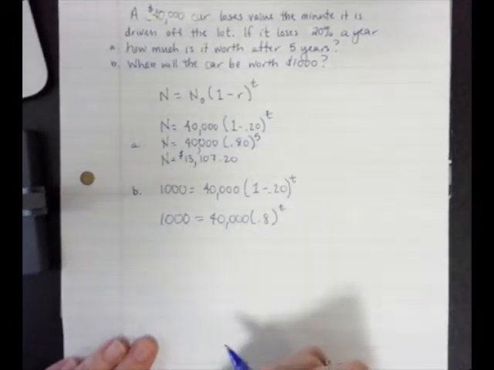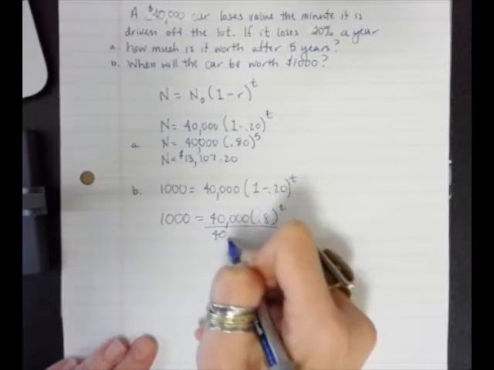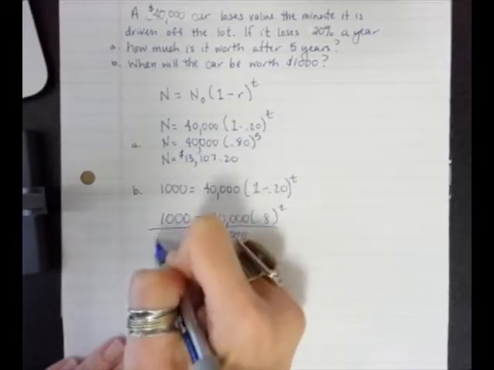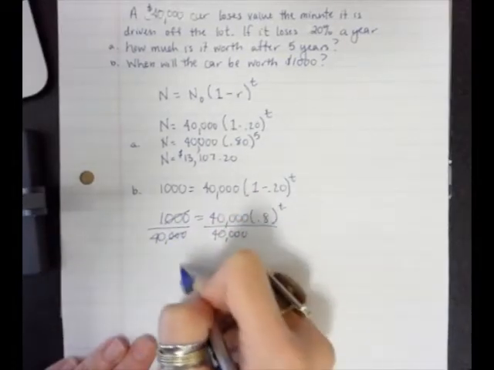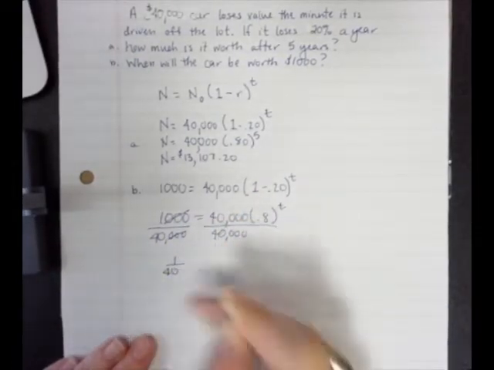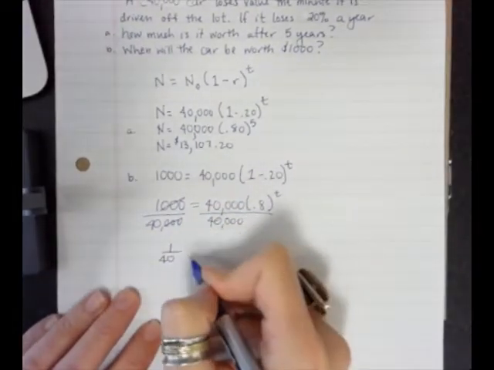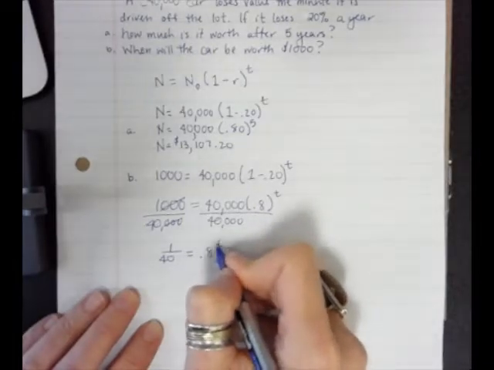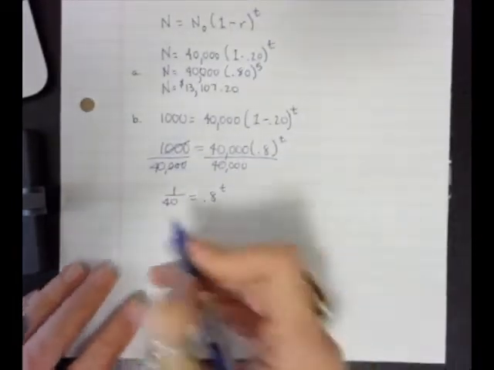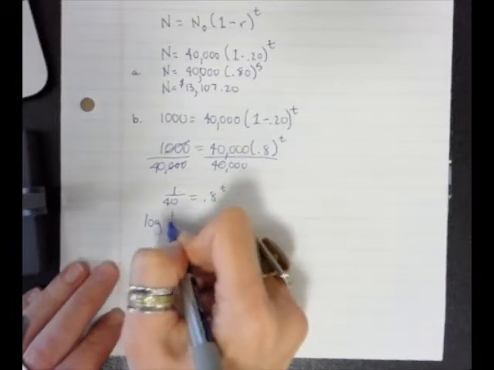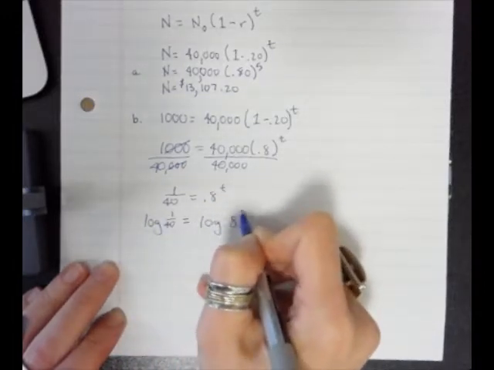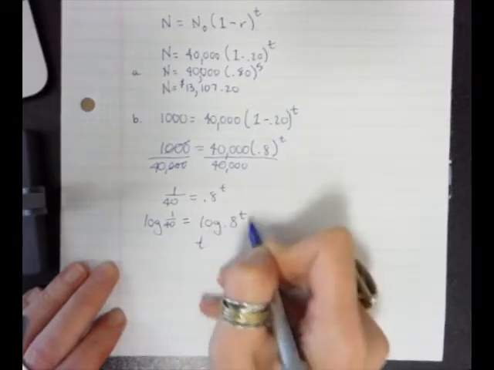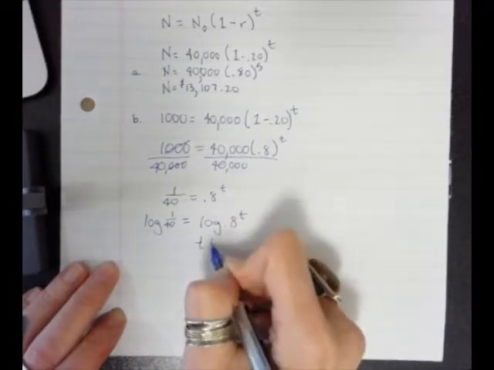Divide by 40,000. Those 3 zeros go away. Can we all see this? Okay. So this equals 0.8 to the t. And then I can put this into logarithms. Log 1 over 40 equals log 0.8 to the t. I use my laws by making my exponent a multiplication for my log.